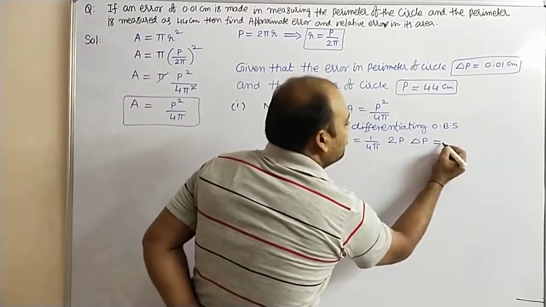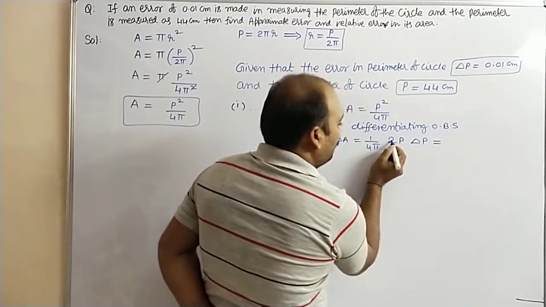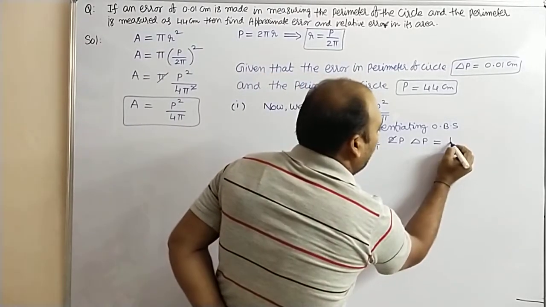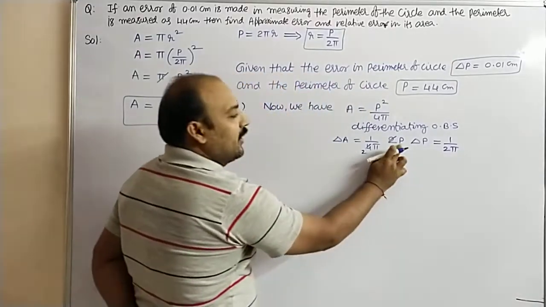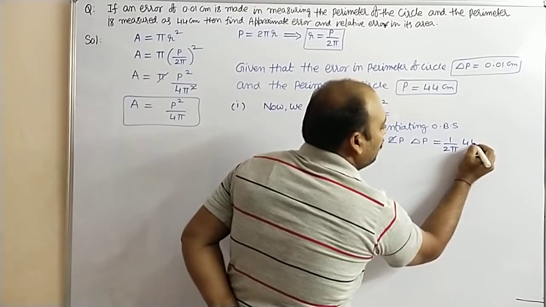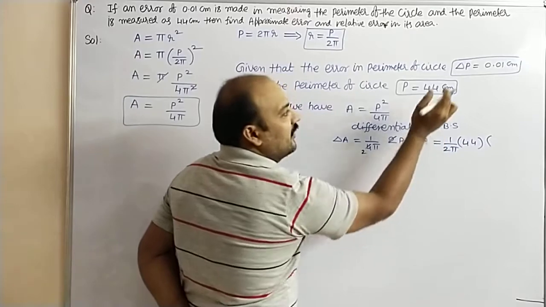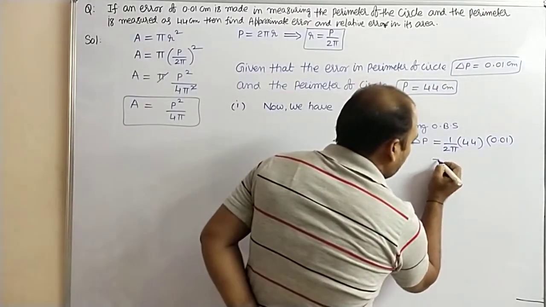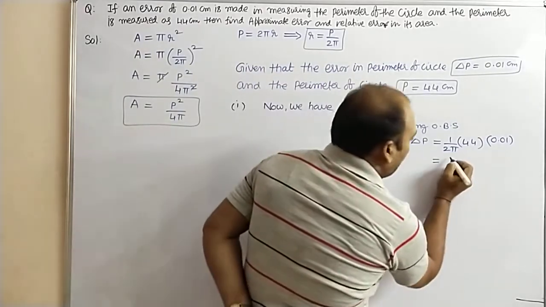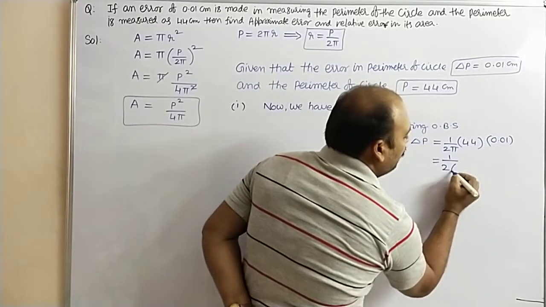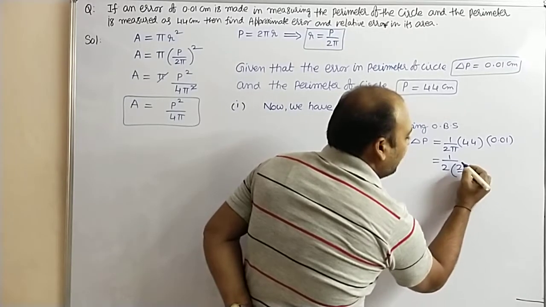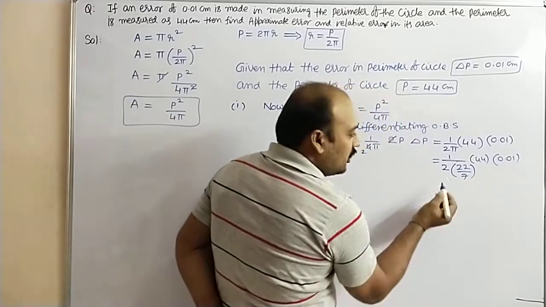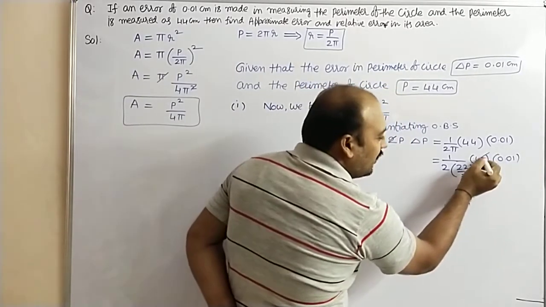So now, 2 ones are 2, 2 twos are 4; we will cancel it here. So 1 by 2 pi, P value 44 into delta P value 0.01. So this is equal to 1 by 2 into pi means 22 by 7, into 44 into 0.01. 22 into 2 is 44 only, so we can cancel it.